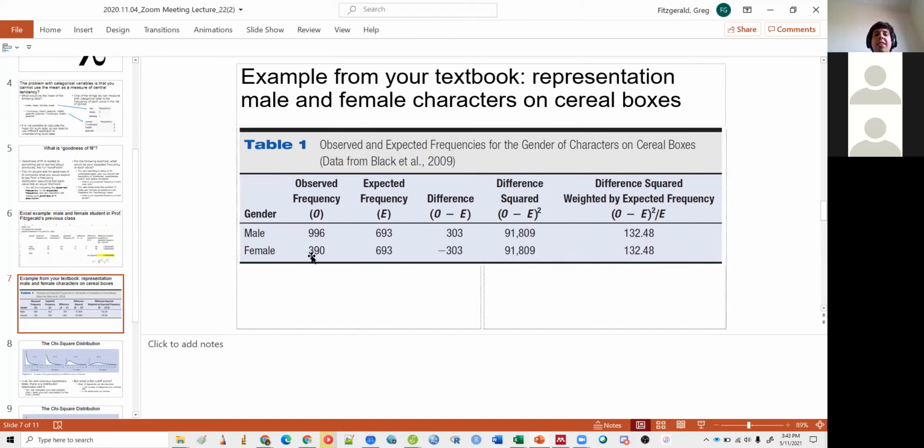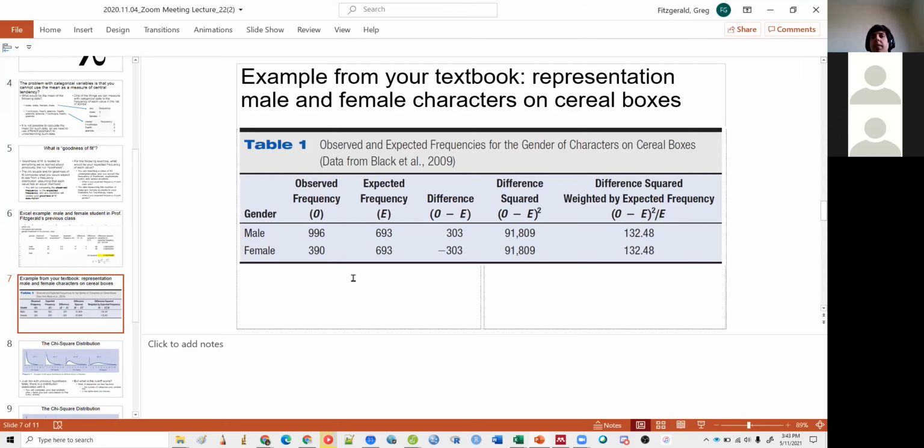Well, let's just say that you assumed that most of the people who purchase cereal boxes are boys who are interested in sports that are dominated by men, like soccer. If your expectation is that most of the people buying cereal are interested in sports that have male athletes on them, you wouldn't necessarily expect that the cereal boxes would have an equal representation of male and female characters.